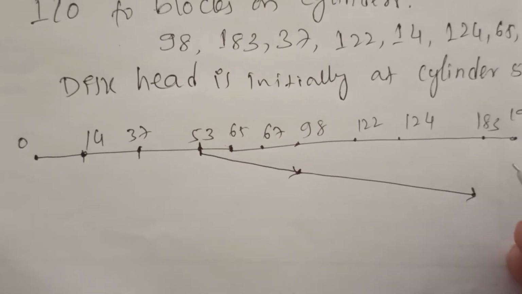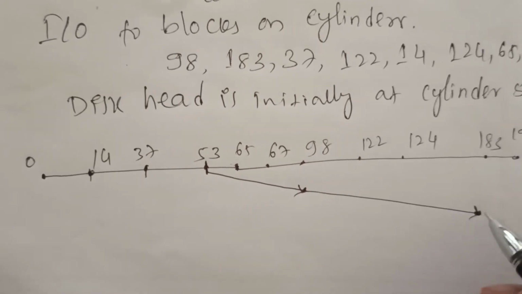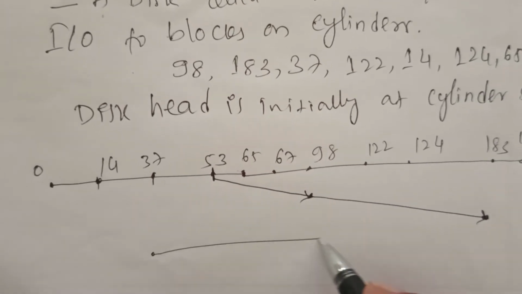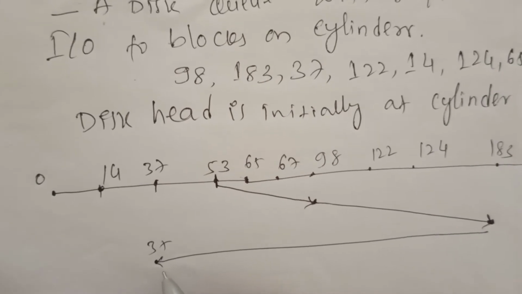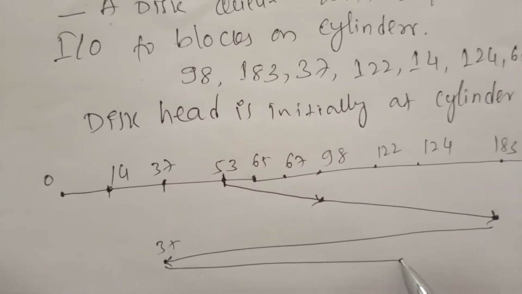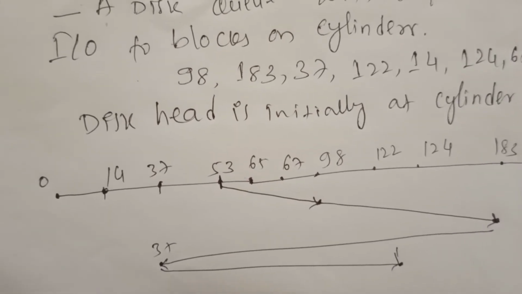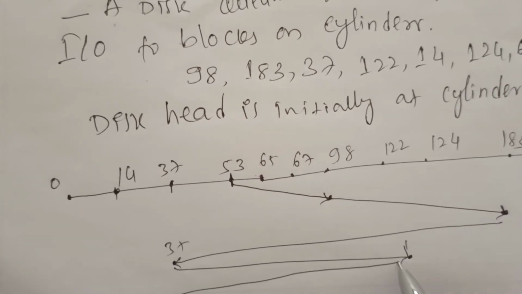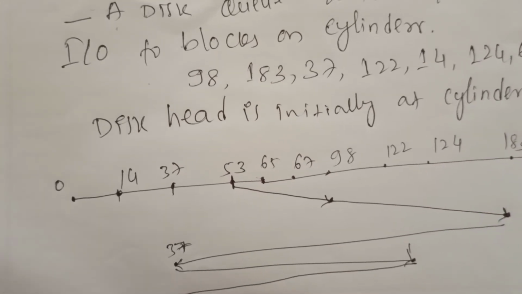The head will move to 183. Then from that location the next request is 37, and the head comes back to 37. After that we service the next request, 122. We move to 122. Then from 122 the next request is 14.